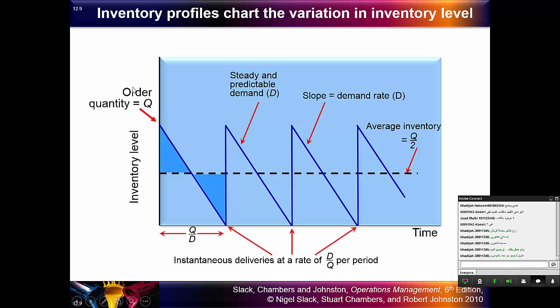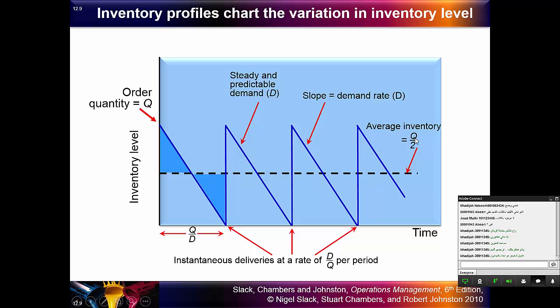Here this is the order quantity, which is Q, and the average quantity that needs to exist at any time. That means we need to make sure that we have at least half of the quantity inside the stock area or inventory.